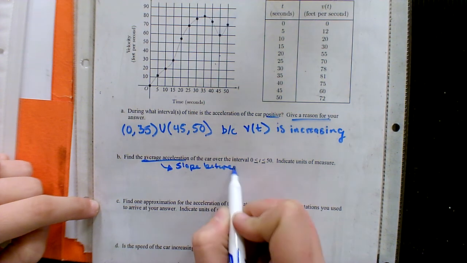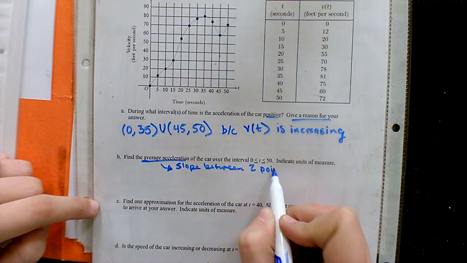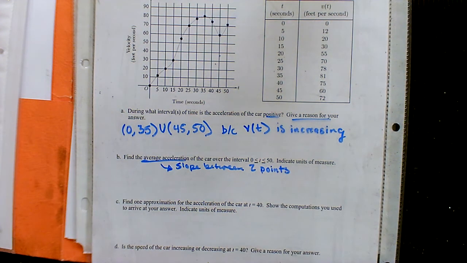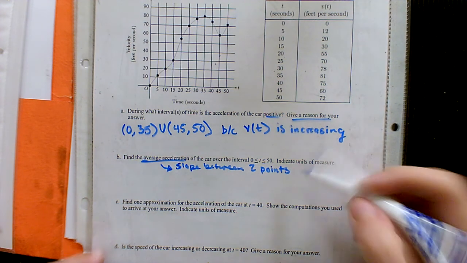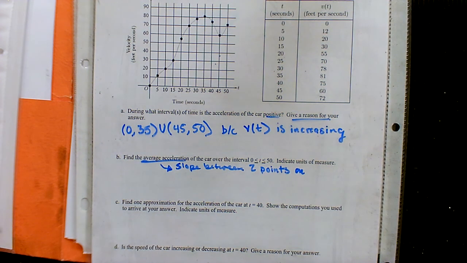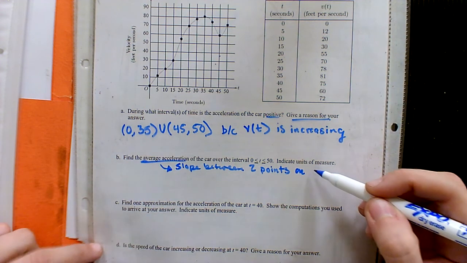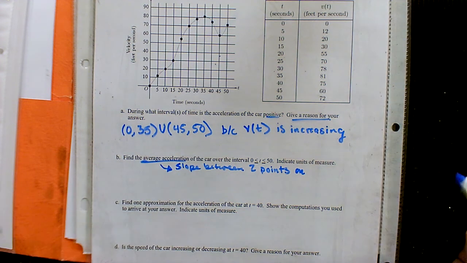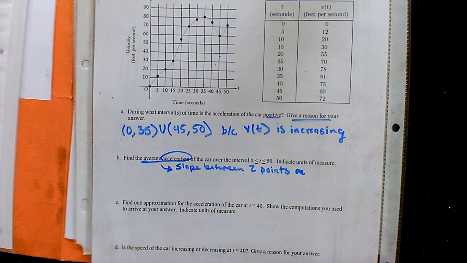Slope between 2 points. Okay, now if it's the average acceleration, it's the slope between 2 points on which function? The slope of what gives you acceleration?